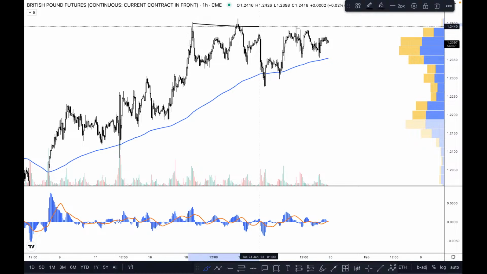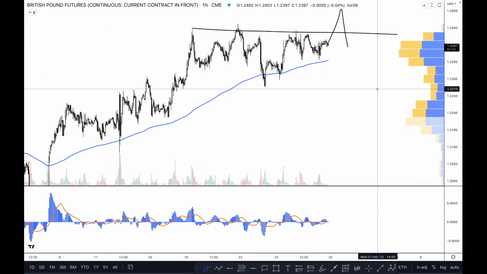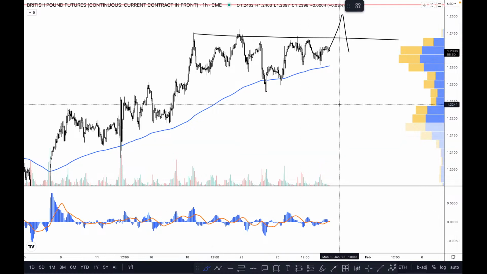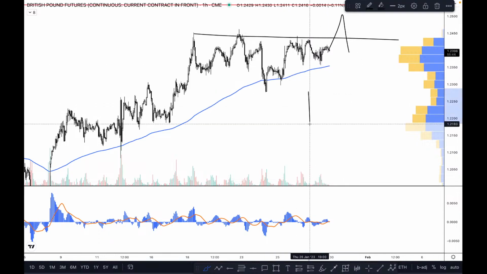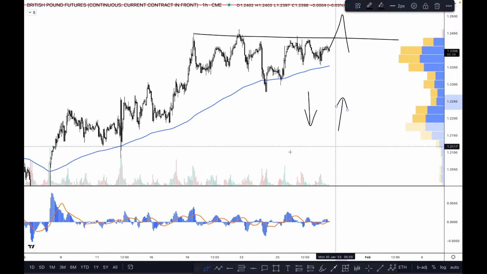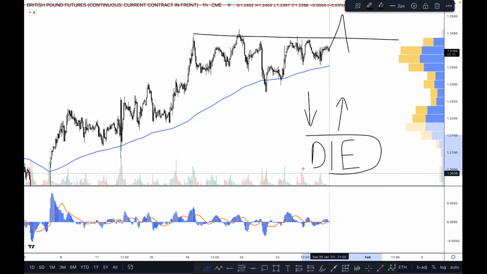If we get this move on the pound, where we get a fake move up, and then it starts to drop, well, this is going to give us the best opportunity on GJ, because if GJ is in a supply area at the time, the pound will be dropping and the yen will be moving up, and that will make GJ die. So we're waiting on that type of stuff, right?